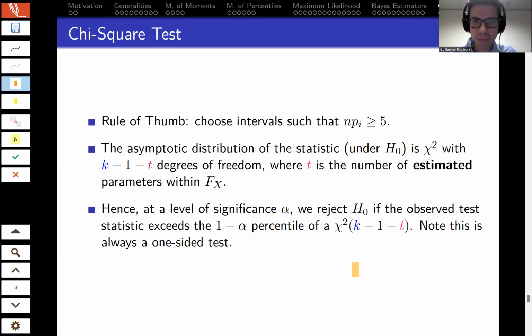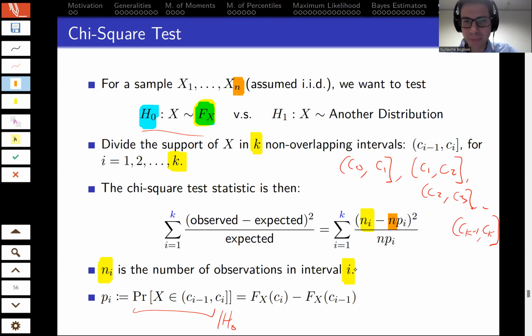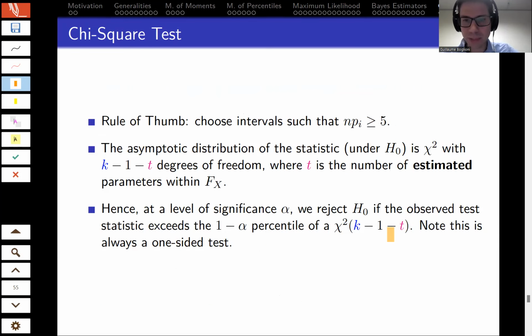Now, there's some asymptotic theory that says that in the limit, if the sample size is pretty large, this whole thing under H0 is going to be a chi-square. That's why it's called the chi-square test statistic. This is a rule of thumb, but in reality you want to be careful. You want to pick as many intervals as you can, but the expected number of counts in each interval should not be too small.